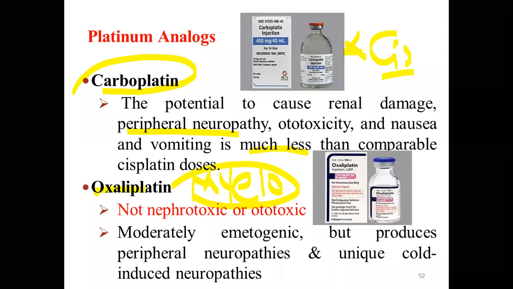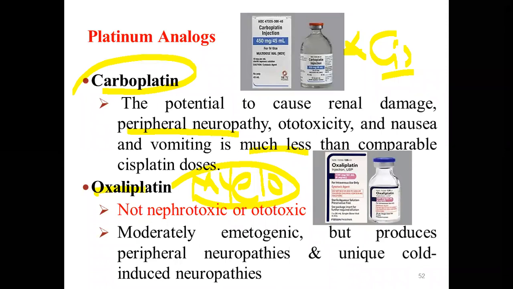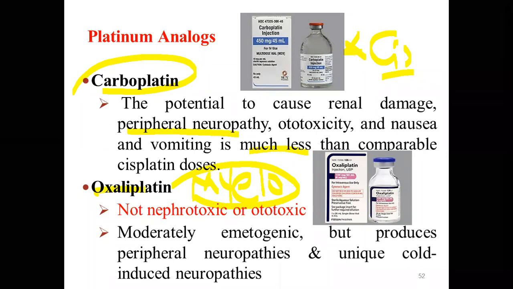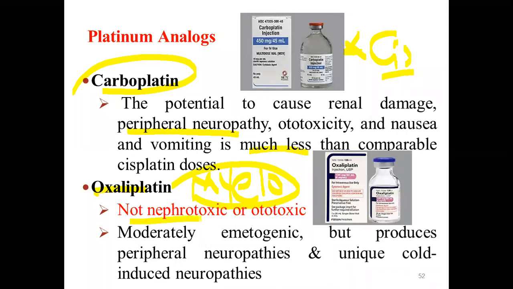Then the other drug we are going to see is oxaliplatin. By the way, oxaliplatin is the most commonly used drug in combination treatment of colorectal cancer. Cisplatin is mainly used in cervical cancer and even lung cancer, but oxaliplatin is most effective in colorectal cancer patients. In terms of ADR profile, it is not nephrotoxic or ototoxic.